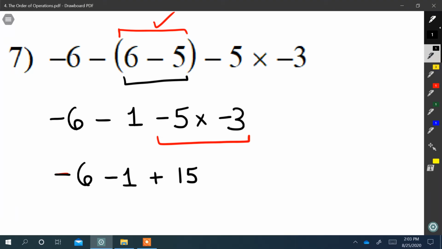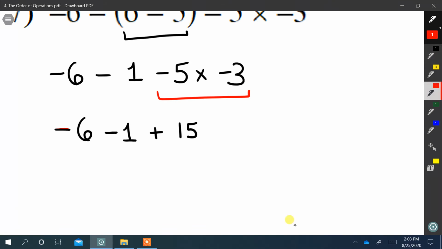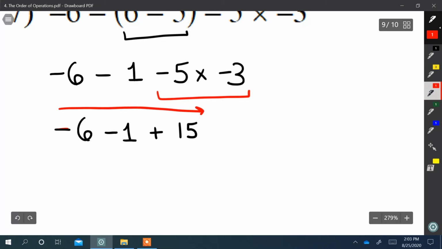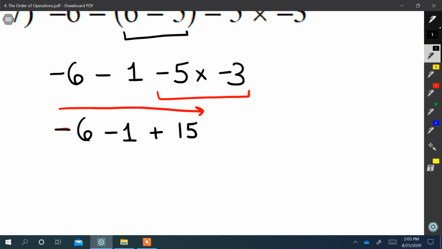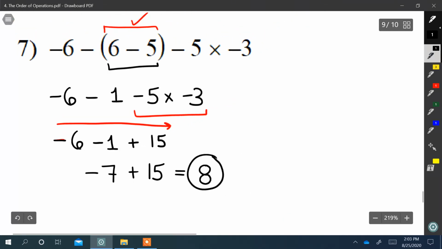Now we are ready to do subtraction and addition. Remember that we're going to do it from left to right. So now we're going to do negative 6 minus 1. It's going to be negative 7. And then finally, negative 7 plus 15. That better be positive 8. We have more positives, so the answer must be positive.